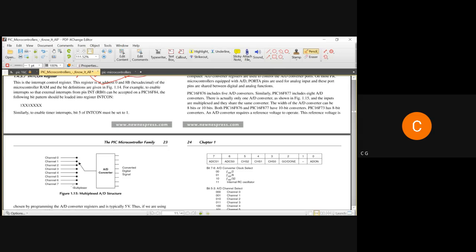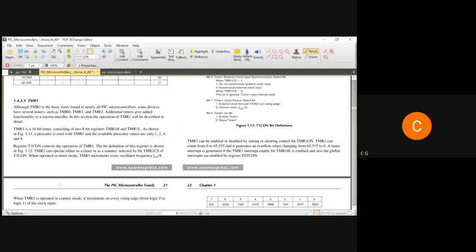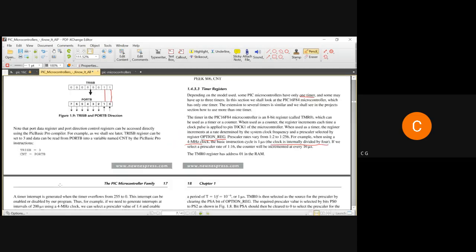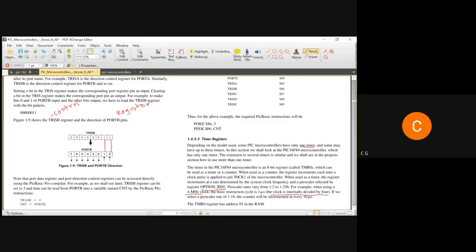This is a multiplexer, but actually this is a pin out of the port that we have seen earlier, port B. You see these are the port B. Suppose this is port A, then all these are the output pins of port B, which can be configured as in or out.